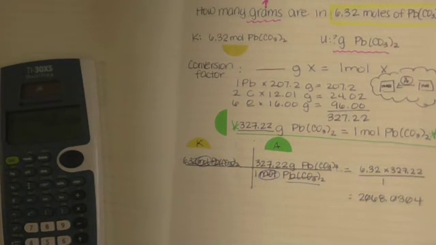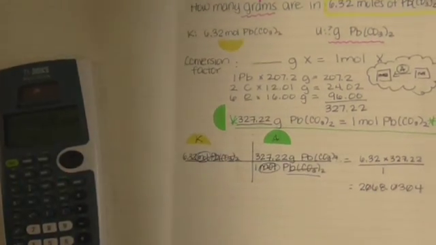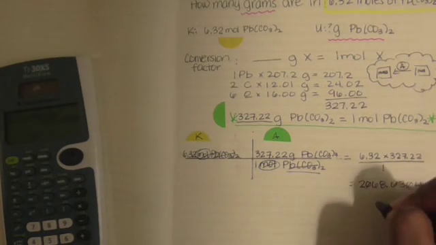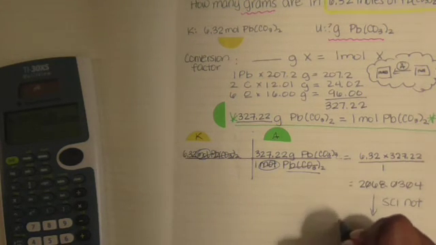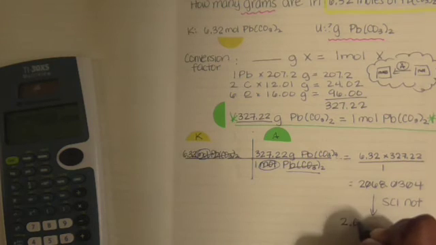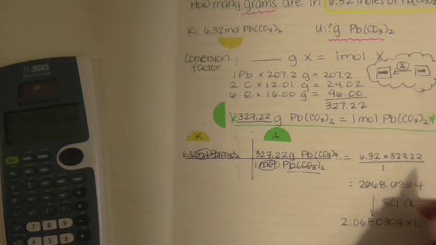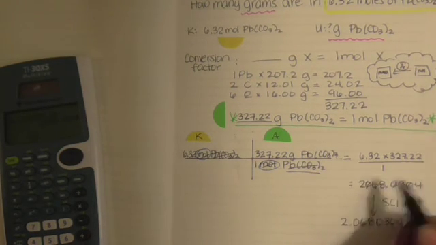So we have now figured out our setup, and we now need to figure out our final answer. We need to put this in scientific notation. Scientific notation always has the decimal after the first digit. So that would be 2.06800304 times 10 to the, how many places did we move that? 1, 2, 3.